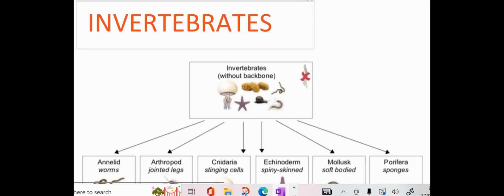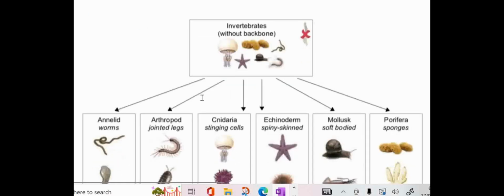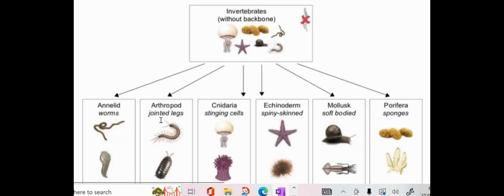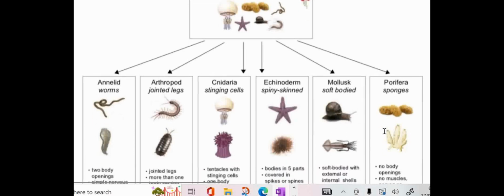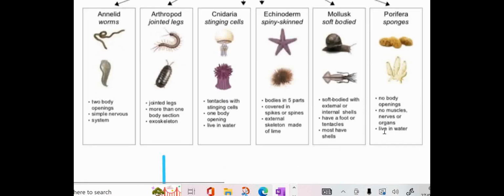And invertebrates are grouped again into 6 groups: annelids, worms; arthropods, centipede, insects; cnidaria, stinging cells like jellyfish; echinoderms like starfish; mollusks, a soft body like snail; and sponges like this one. So each has its criteria.